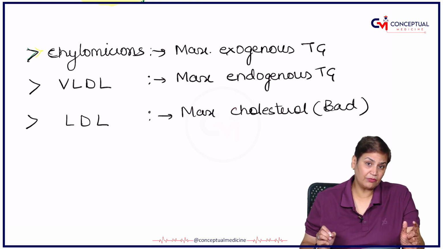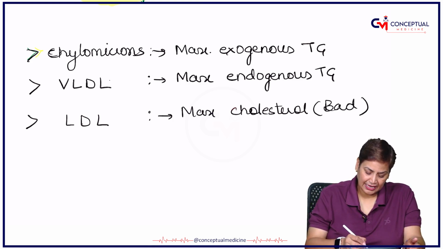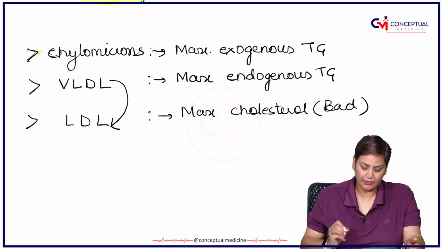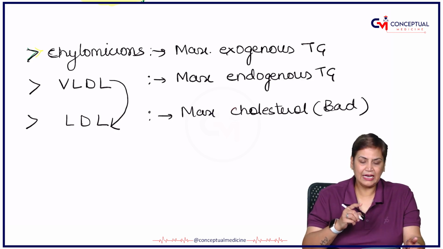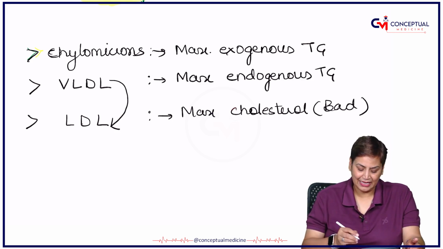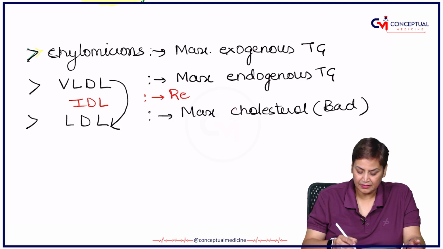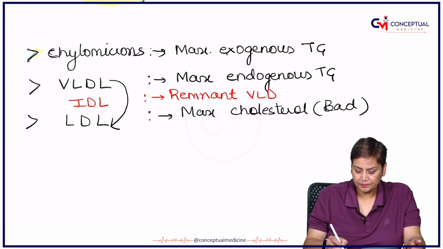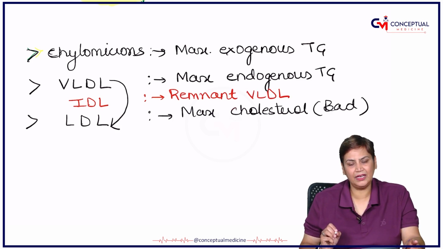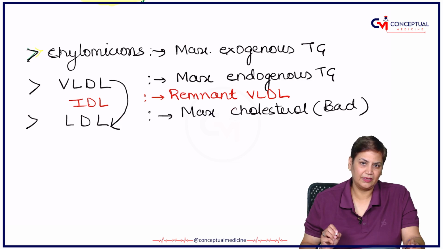Then I mentioned the fifth one, IDL. IDL is produced in between: when VLDL is being converted to LDL, IDL is produced. So basically IDL is a remnant VLDL, or intermediary density lipoprotein.